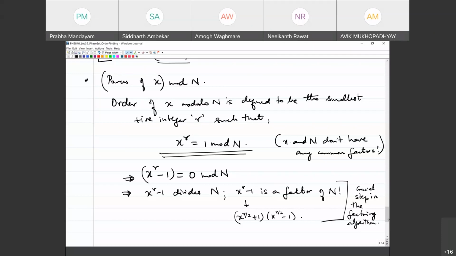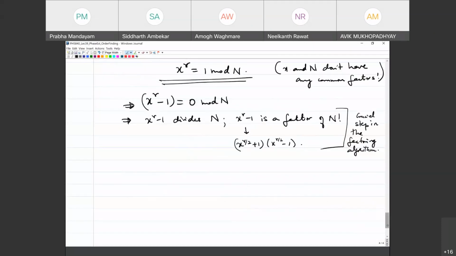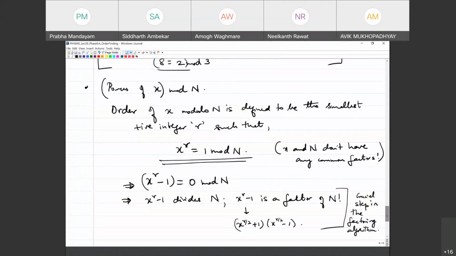So this is why order finding is important. This is also sometimes called period finding.